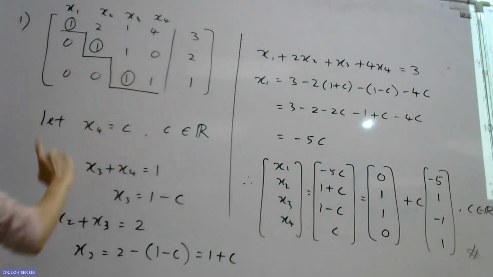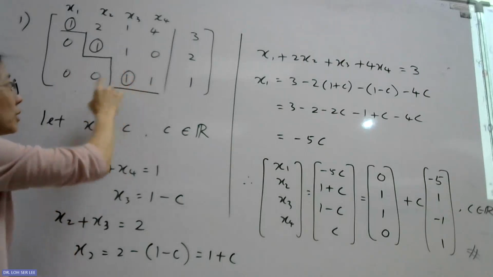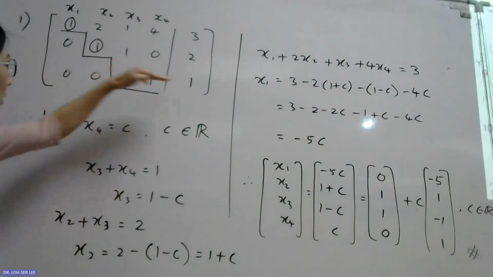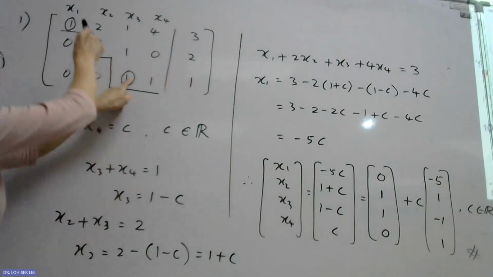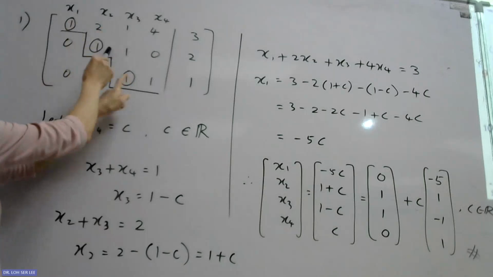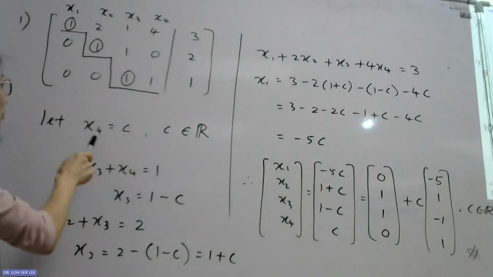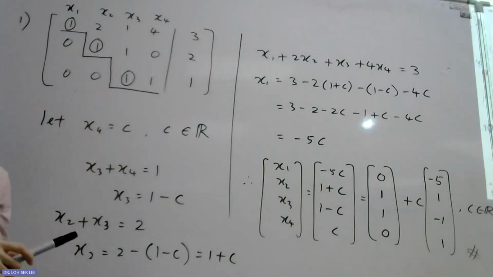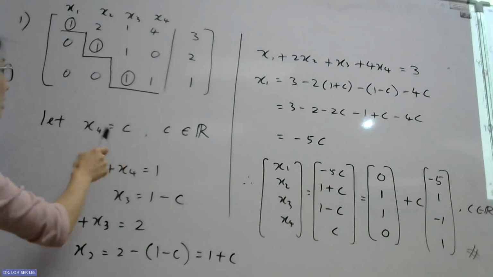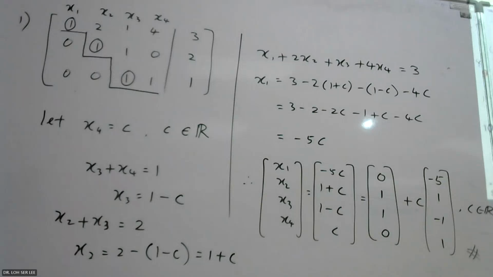Normally we choose the first one to be the pivot. So in the last row, this is the pivot. X1 has a pivot, X2 has a pivot, X3 has a pivot, X4 has no pivot. That's why X4 equals a constant. Okay, X4 is free. Any more questions for question number 1?